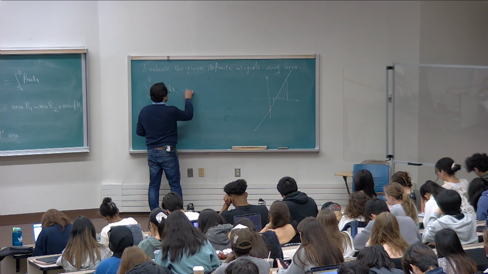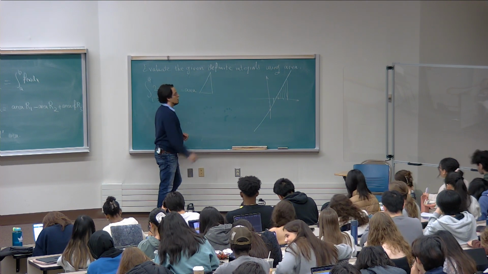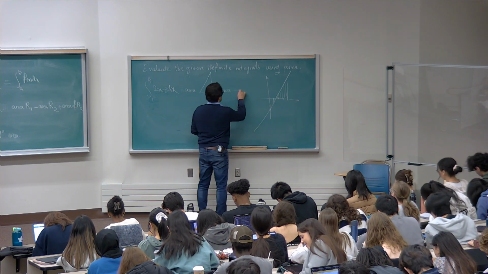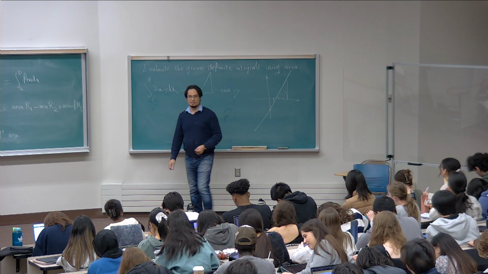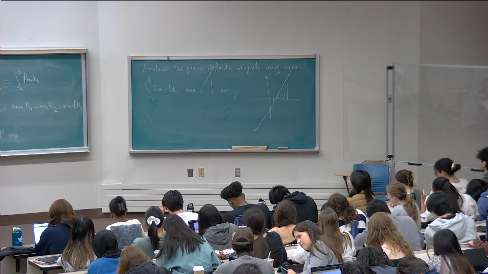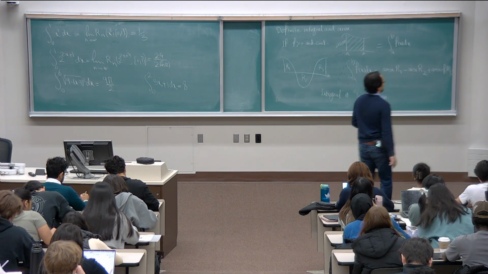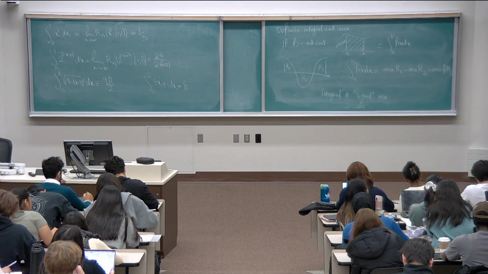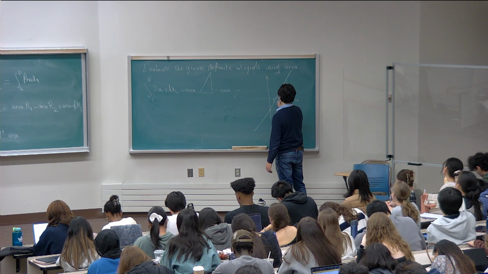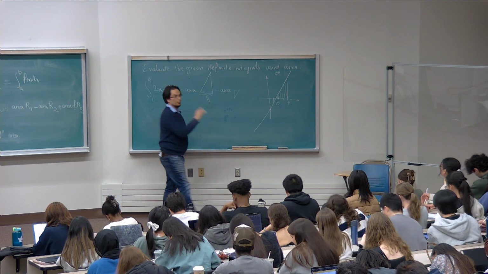So I'll do the area of this big piece above the x-axis minus the area of this small piece. Why minus? Because this small piece is under the x-axis. In the definite integral, if your region is under the x-axis, the value of that integral will be the negative of the area of that part. Now, what are these? Here, I have 4. This is 3 over 2, or 1.5. So this part is 5 over 2, or 2.5.